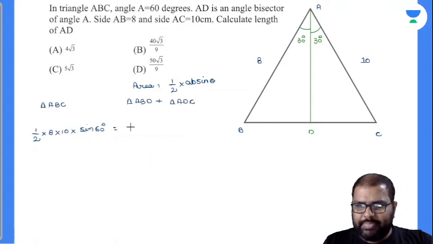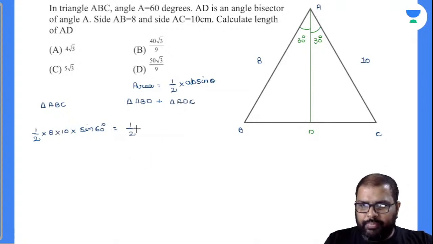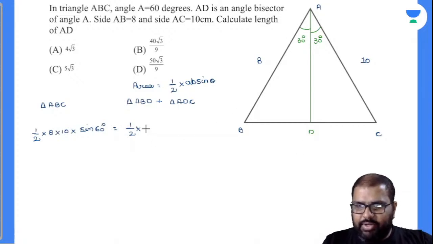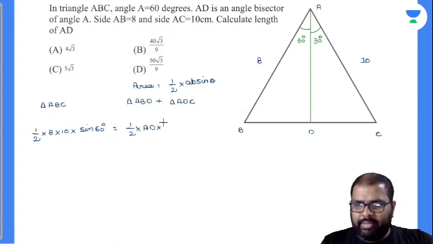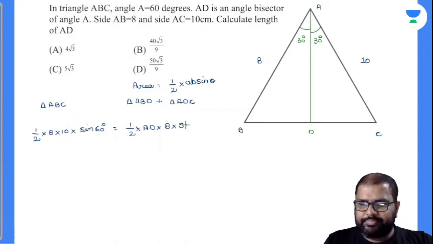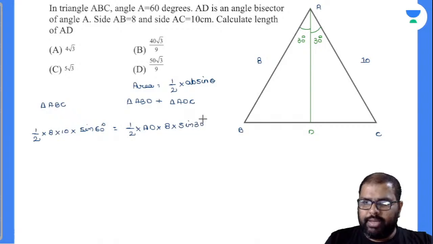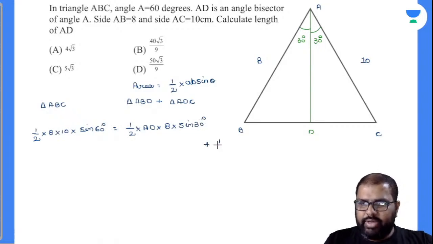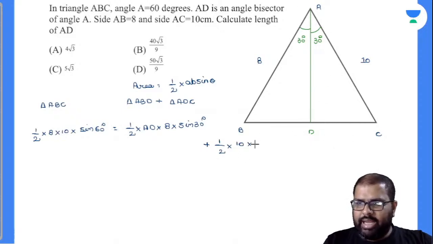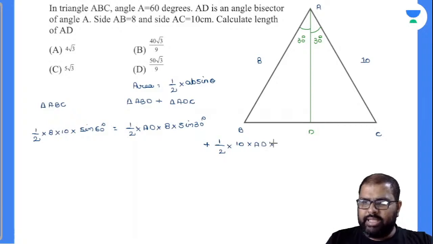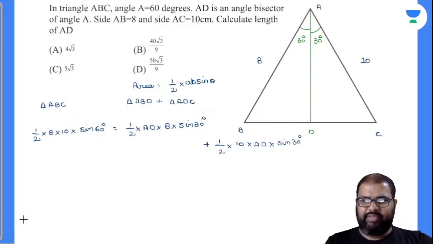Now look carefully: half into AD into the side 8 into sin 30 degrees, plus half into AD into the side 10 into sin 30 degrees, for triangle ADC. Hope you got my point. Now you can solve this question very easily.